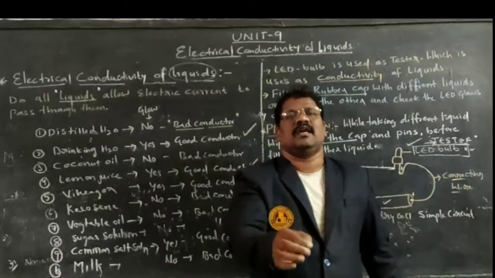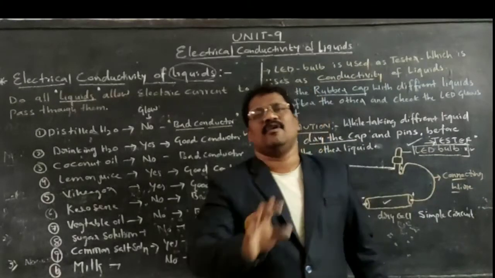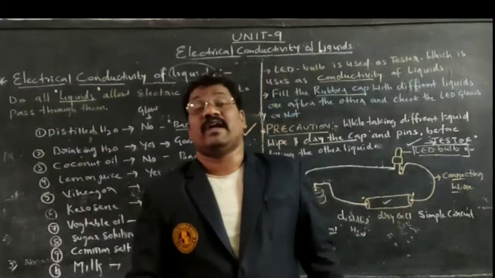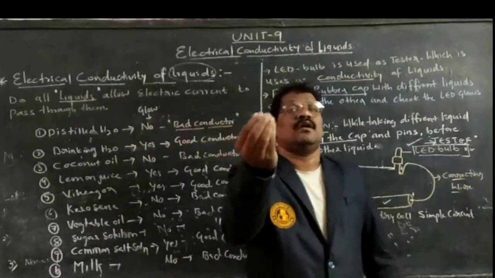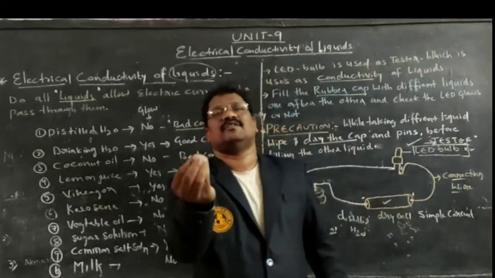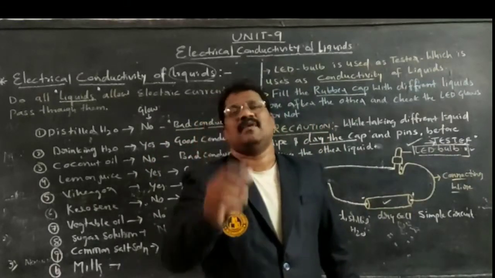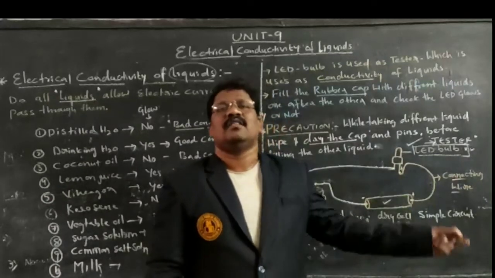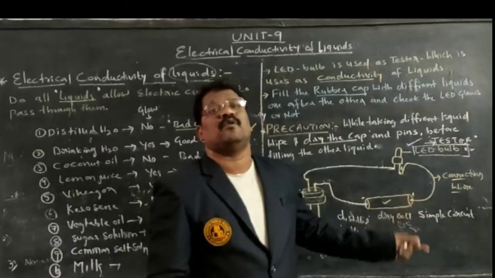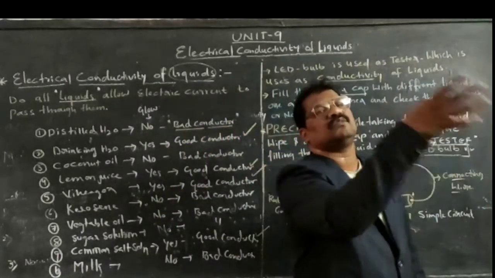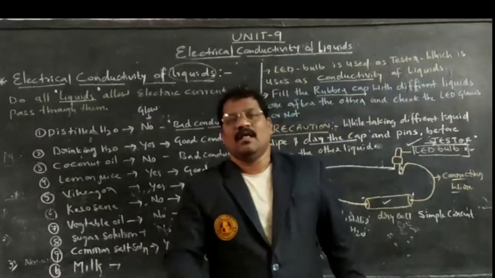If the solution is not allowing 100% of the current flow, and the bulb is glowing a little bit dim, it indicates nothing but what? That the solution supports only a small amount of electric current to pass through that substance.